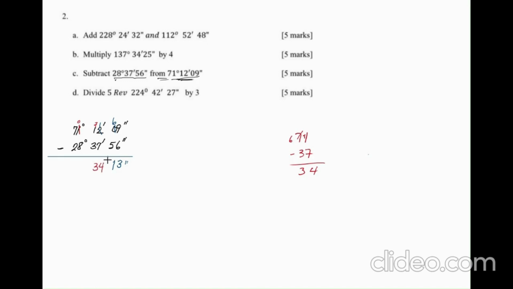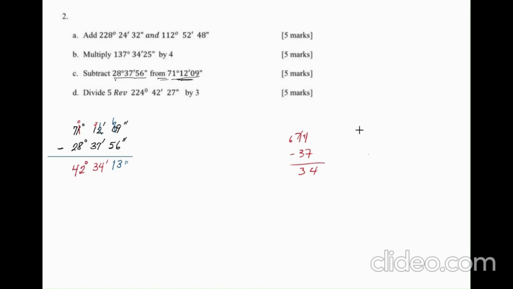34 minutes. Now remember, pause the video, rewind it a couple times if you need to. This is not a live session where you can ask questions or ask me to go over it again, but it's there. You have it on video, so there's an advantage there. Okay? And then we come over to the degrees, and when you subtract 70 minus 28, you will end up with 42 degrees, right?